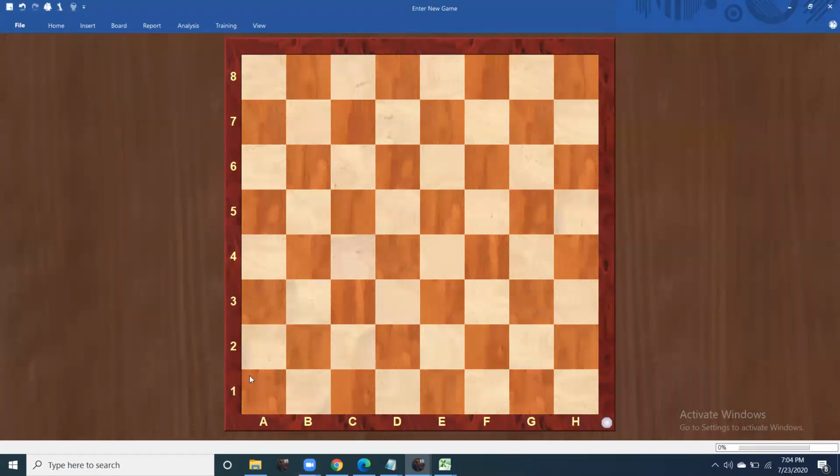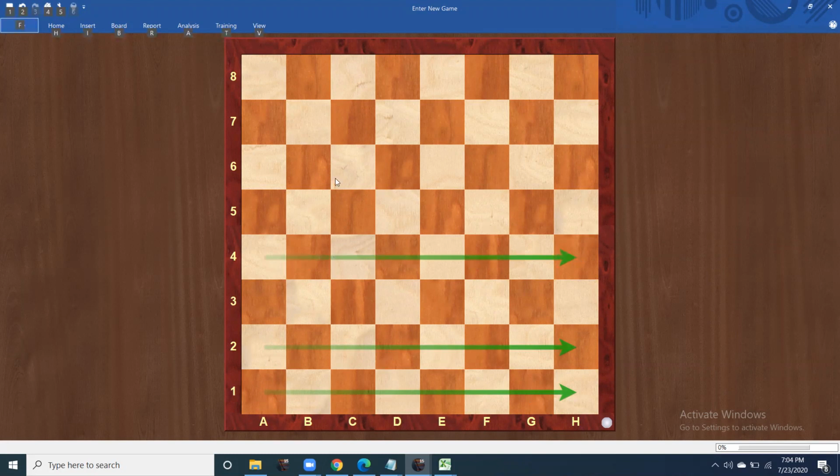Similarly, we have ranks. Ranks are sleeping lines, or horizontal lines. So files are vertical lines and ranks are horizontal lines. We have 1, 2, 3, 4, 5, 6, 7, 8, so we have 8 ranks.